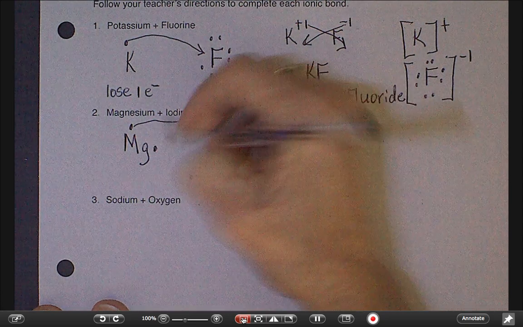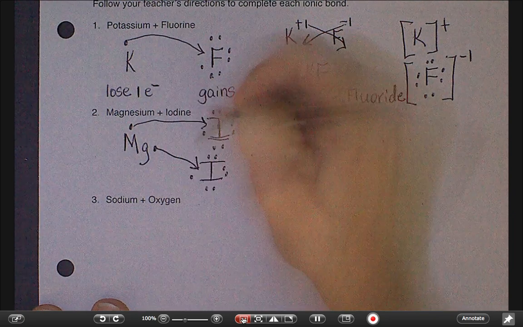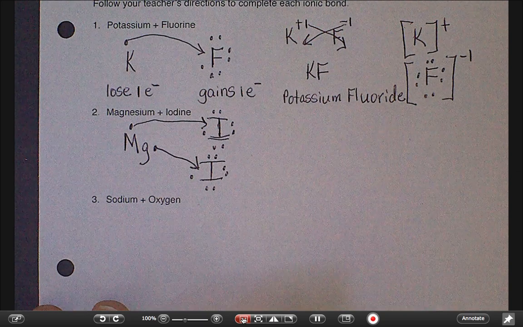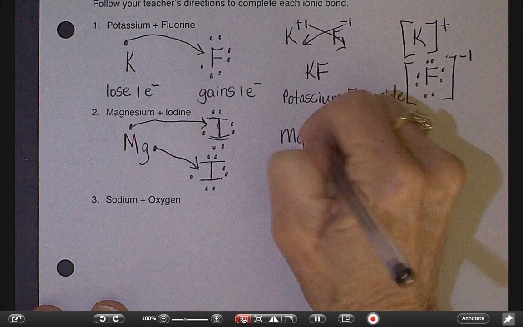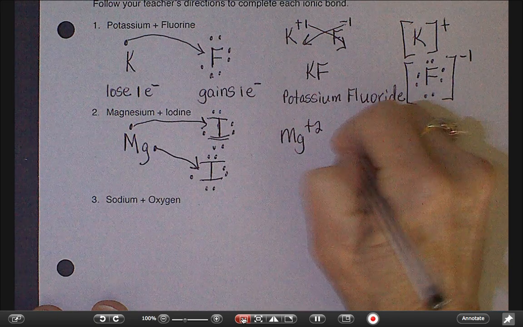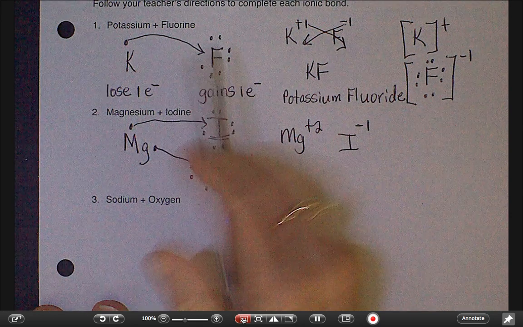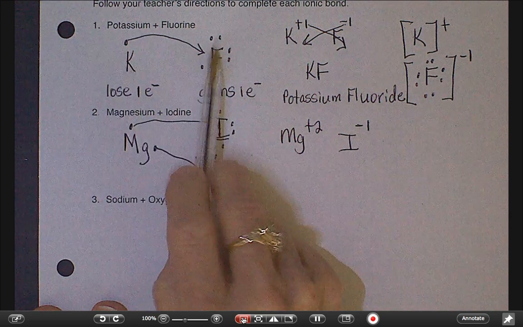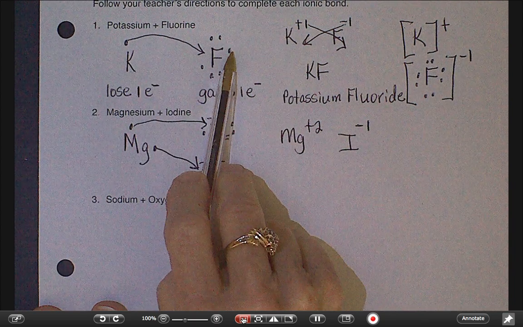Magnesium, when it bonds with iodine, how many I's does it take? 2. Because magnesium is a what? Plus 2. Iodine is only a minus what? 1. Do you see that when it's a 1-to-1 ratio, it will always just take one of the metals and one of the nonmetals?